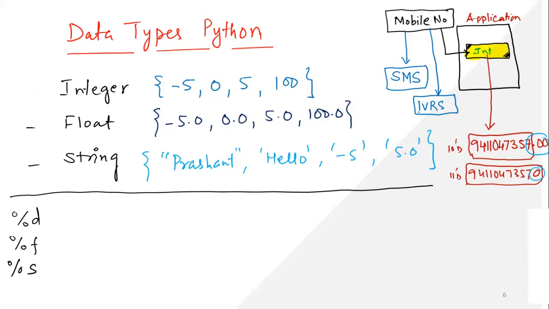Whenever you use scanf, you have to put the format specifier there. We have this format specifier in Python also, so we will be able to use it in Python.